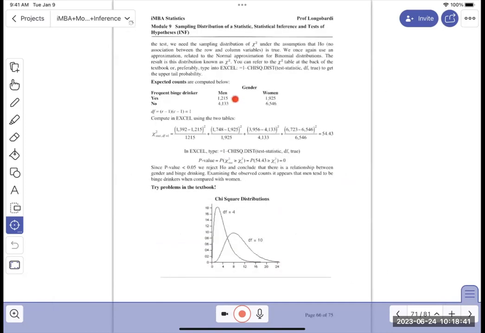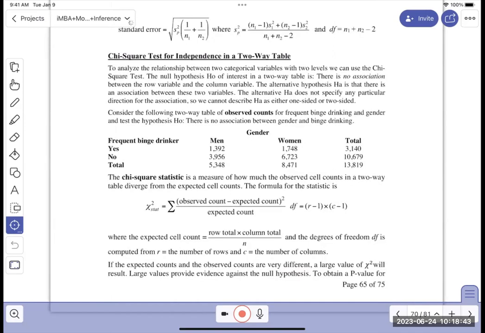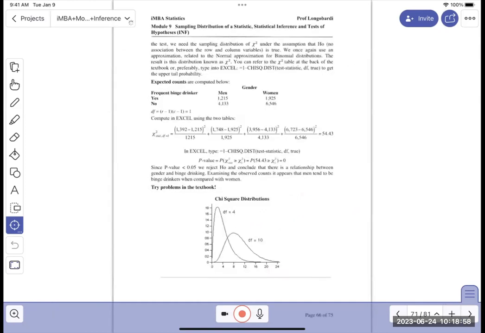So you get these expected numbers, and then you calculate the difference between the observed and expected, square it, divide by the expected count, and you sum them all up. This is your degrees of freedom. And so this looks very different, but it's actually very neat and easy. And you end up with a chi-squared statistic. That's how you say that.